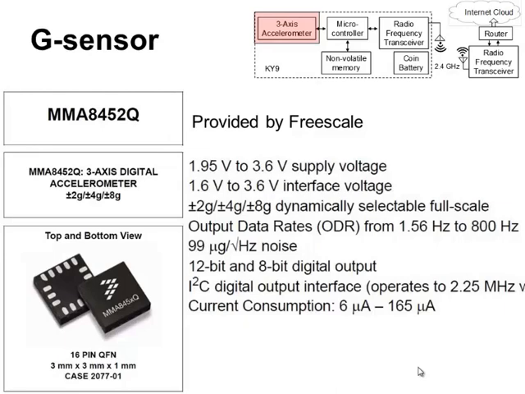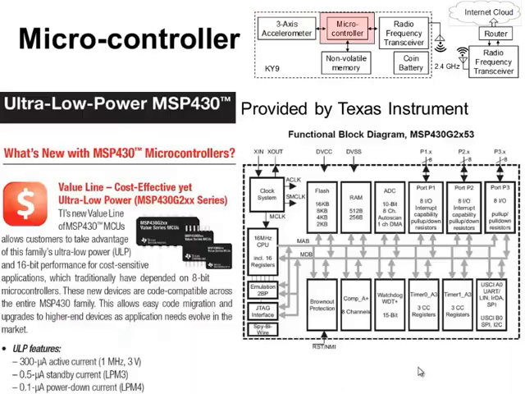So the G sensor I choose is a commercially available chip provided by the Freescale company, and the code is MMA8442Q. So it can be operated with a voltage around 2 volts, and the power consumption is very low, within the microampere range.